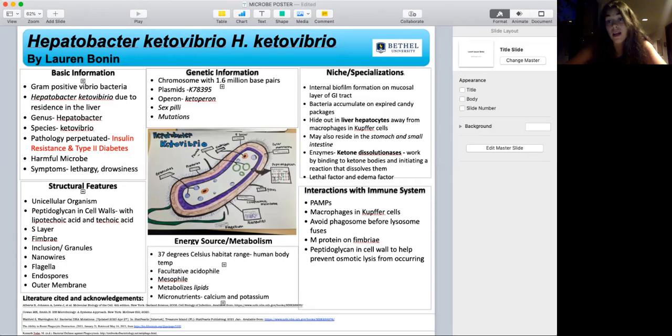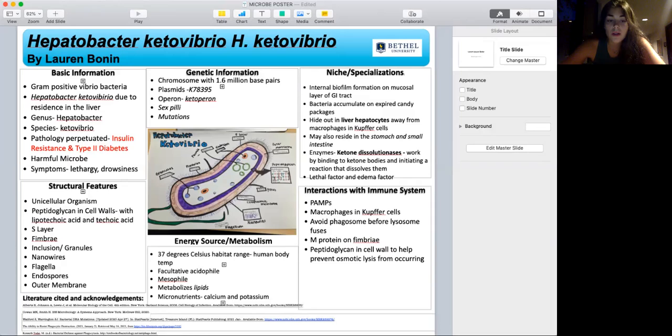It has a sex pili, which allows for conjugation, so that kind of mode of reproduction, and it can also be involved in mutations. The primary energy substrate for this bacterium are lipids, because they want to consume all the lipids so that people aren't able to use the lipids for fuel.